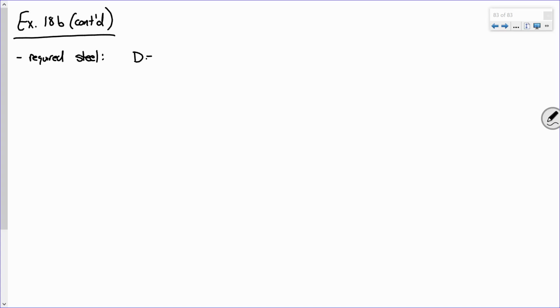So the diameter of this column is 18 inches. Therefore, the area of this column is pi d squared over 4, which is what? Okay.